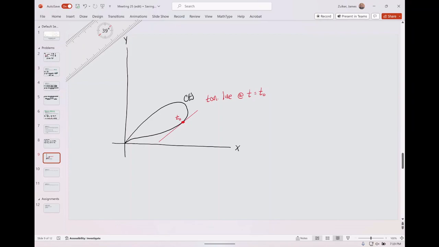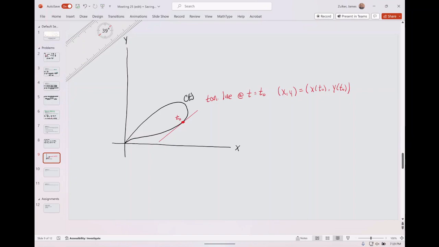Which, keep in mind, is the same thing as that ordered pair. Right, they mean the same thing.